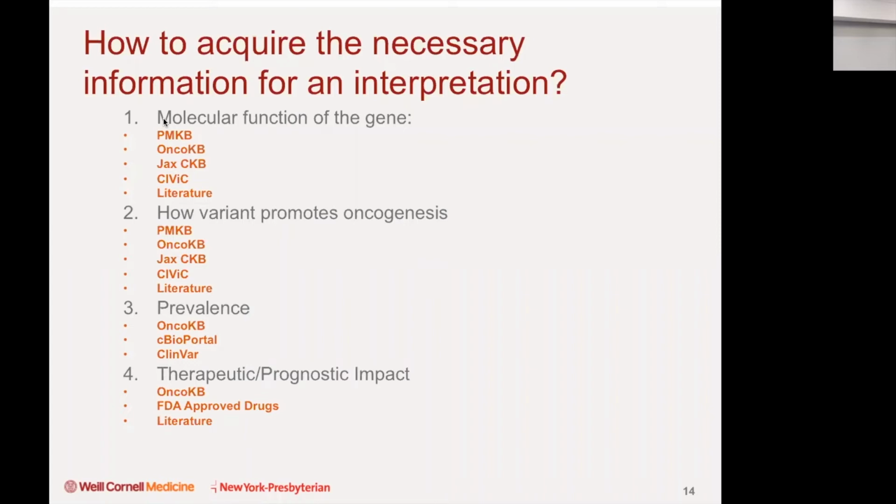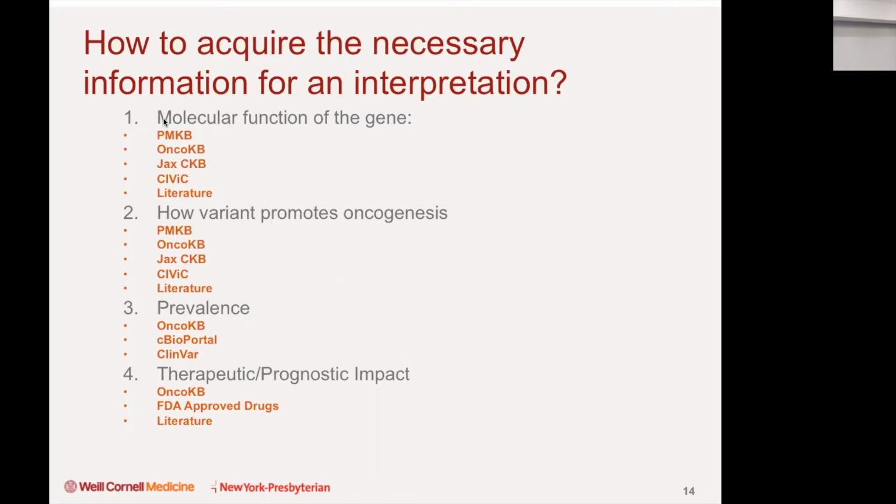But basically, cBioPortal is a database in which these huge databases of sequenced tumors are imported, including our data also. So you can see the prevalence of mutations in the specific tumor type that you're interested in to get the percentage of cases that have mutations in the gene that you're interested in.